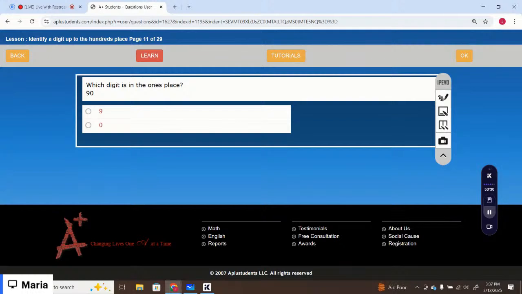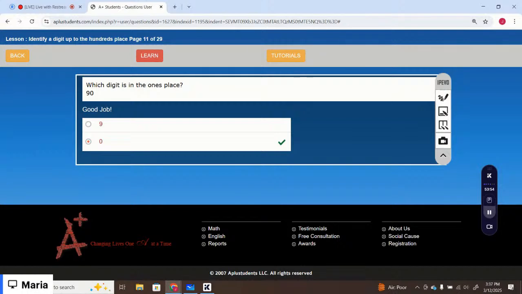Which digit is in the ones place? 0 is at the ones place.